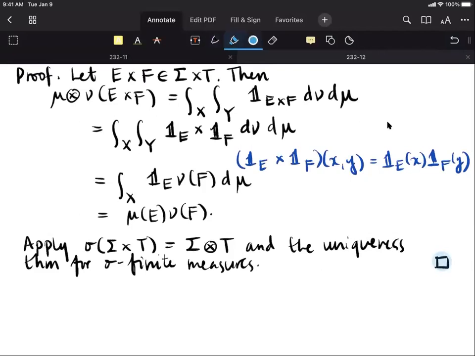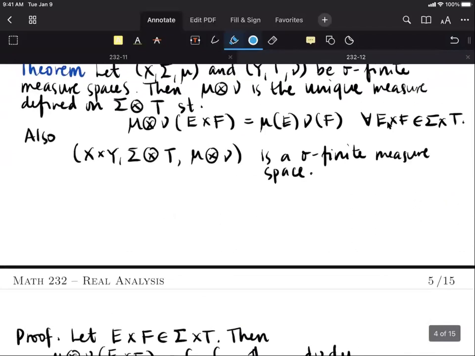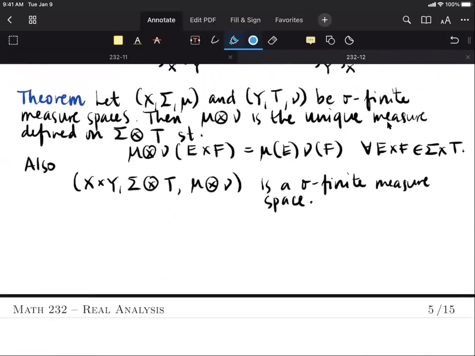And you can also easily show that applying the sigma finiteness of these two measures, this product measure space is also sigma finite. So this is what we call the product measure space.